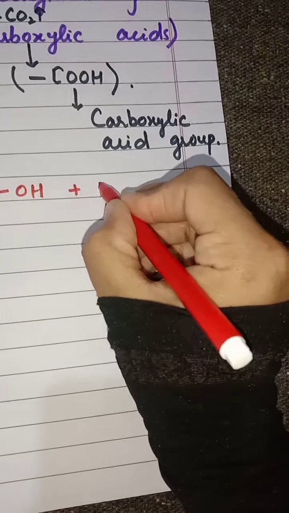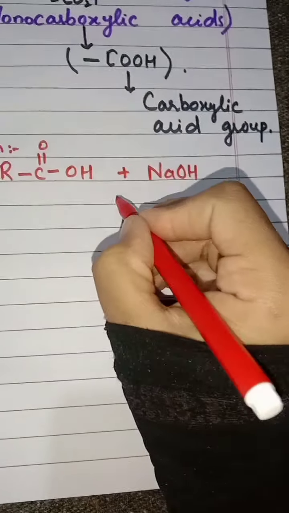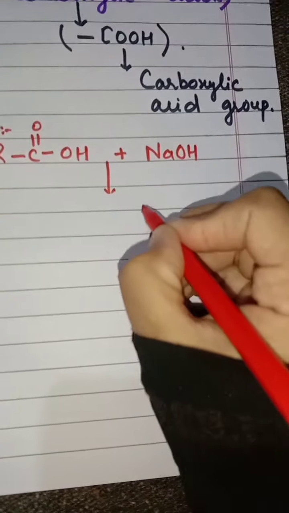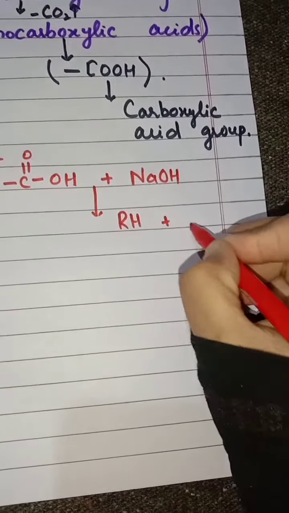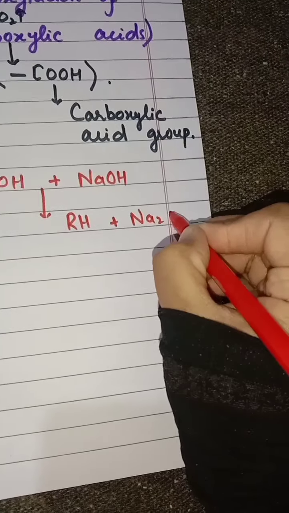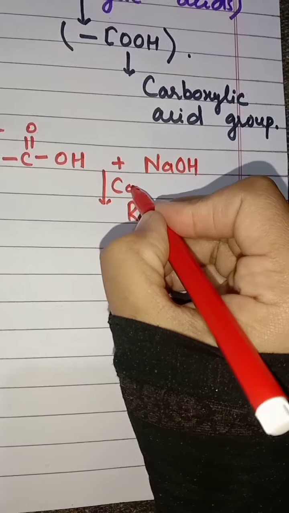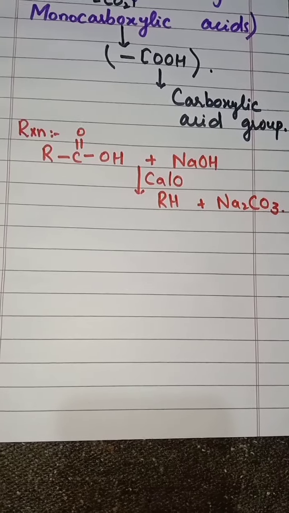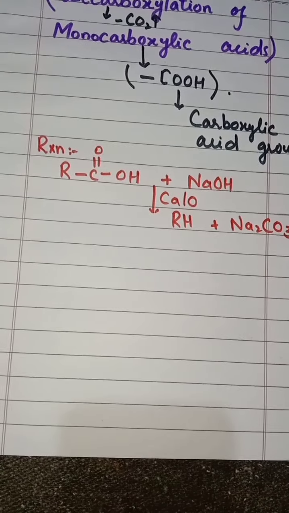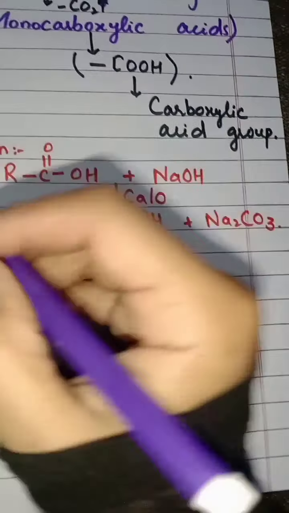Carboxylic acid, in the presence of sodium hydroxide and calcium oxide, will give us alkane plus sodium carbonate. Fine. Now we will derive its mechanism.